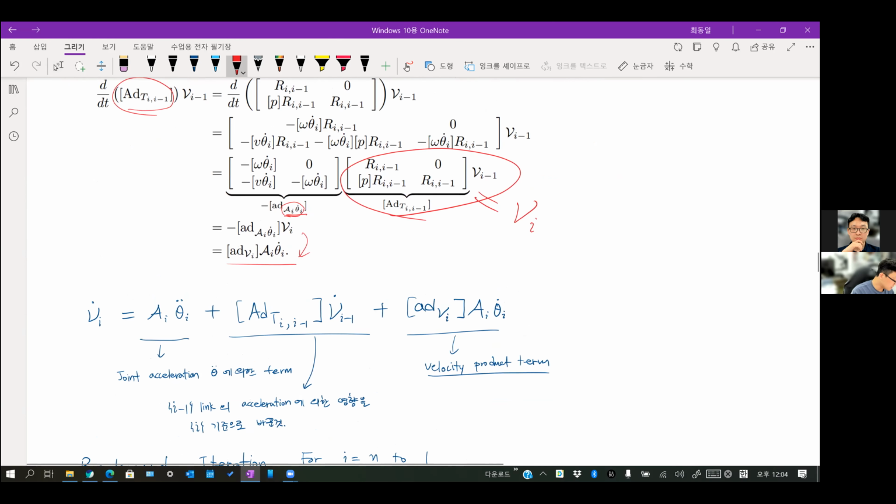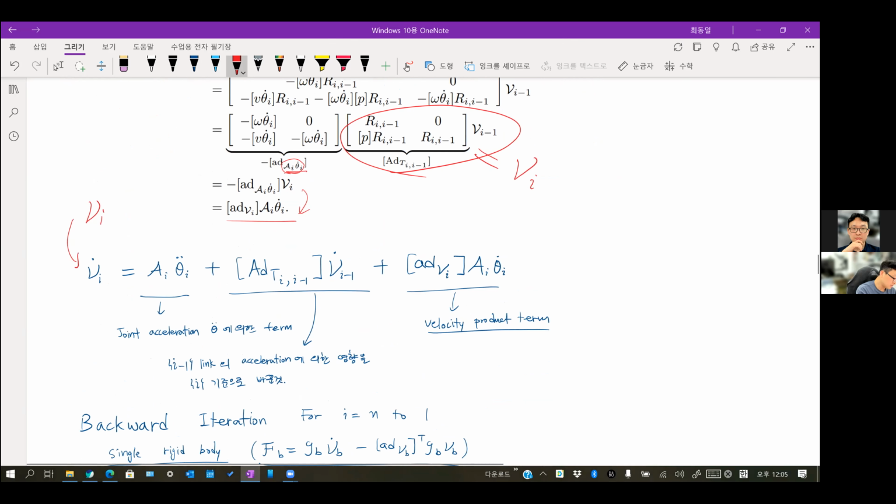So the final equation of the acceleration term, actually the spatial acceleration, because this one is spatial velocity and this one is spatial acceleration, becomes this equation. The interpretation of this term is the joint acceleration, theta double dot.